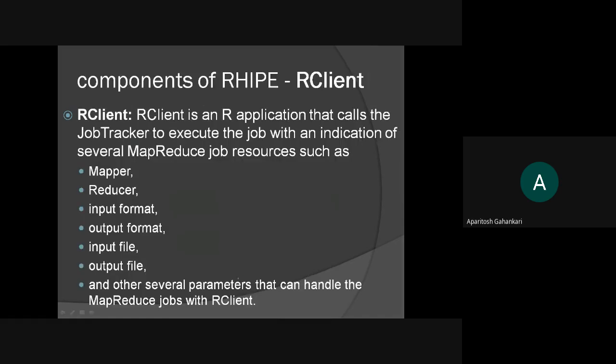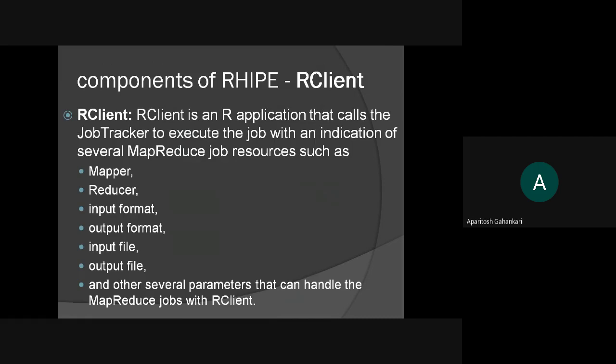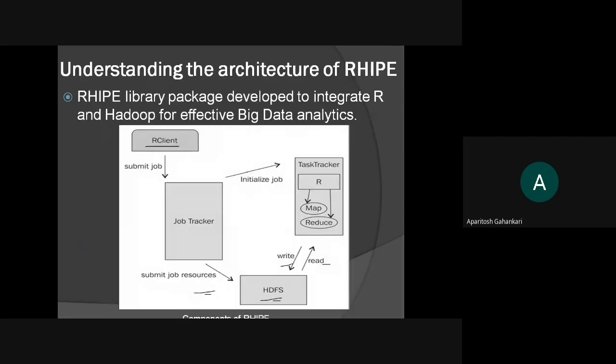Okay, so these are the components. The first component is R client. As you can see, this is your first component, R client. It is an R application that calls the job tracker. Okay, it calls the job tracker. This job tracker is your master node and this is your slave.